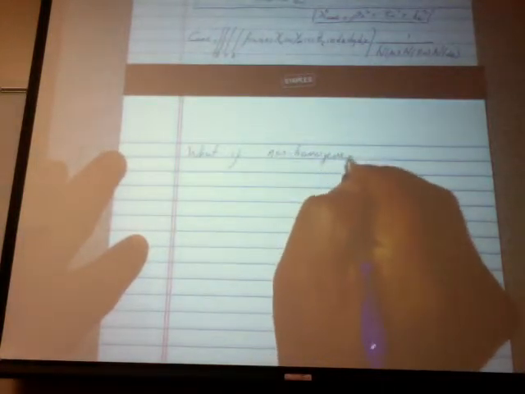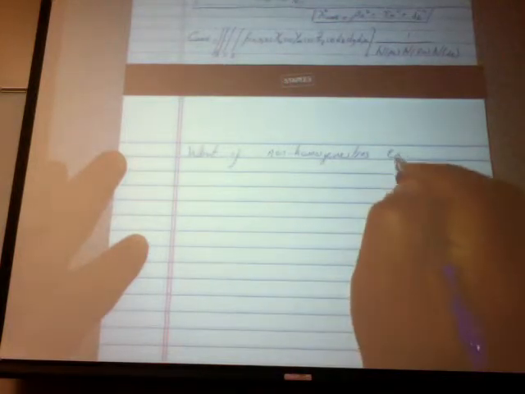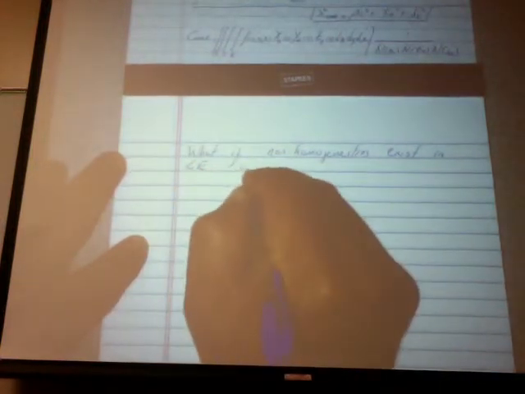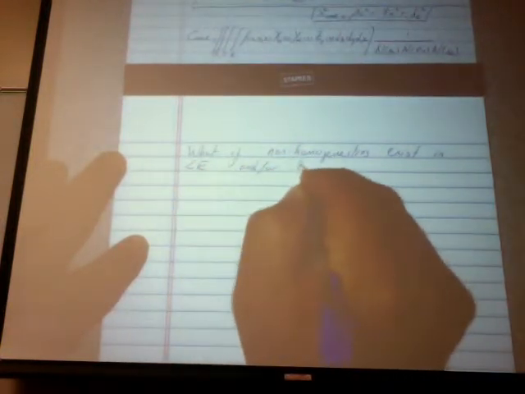All right. Now, what do we do when we have non-homogeneities? What if non-homogeneities exist in the governing equation and/or boundary conditions?